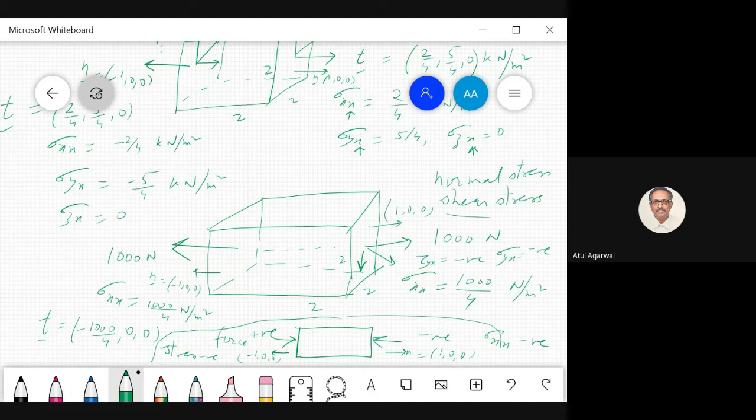Now, here, force component is positive, but area normal is negative. So this will also be a negative tau yx. You understand this? Yes, sir. Okay.